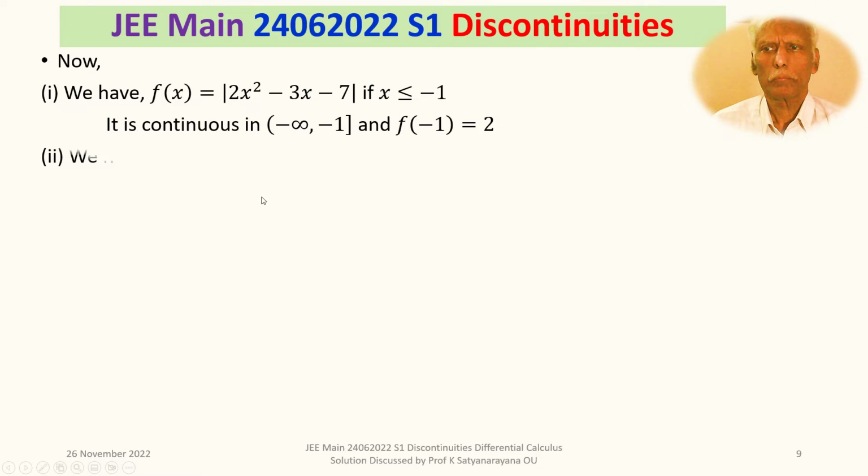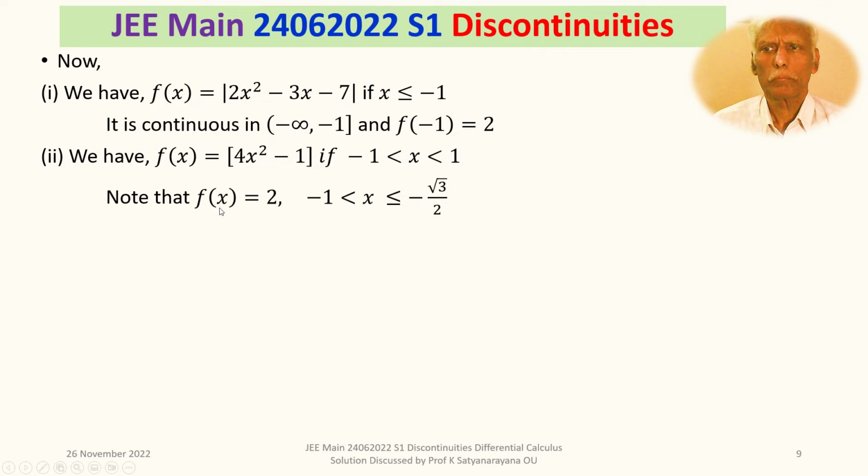So now let's get into the second branch, that is f of x is equal to bracket of 4x square minus 1 if minus 1 less than x less than 1, and note that f of x is equal to 2 in the interval minus 1 less than x less than or equal to minus root 3 by 2. So the left hand limit at minus 1 is 2, and the right hand limit at x equal to minus 1 is 2, so it is continuous there.